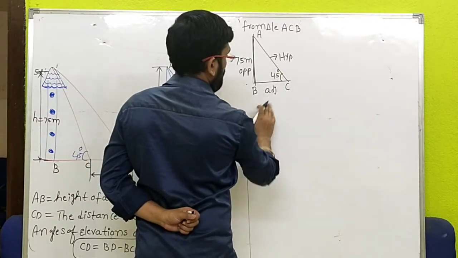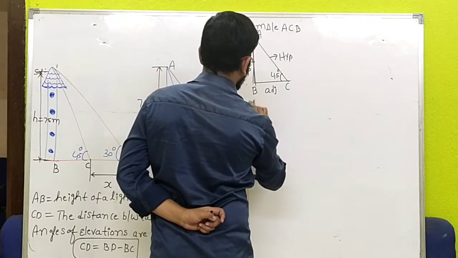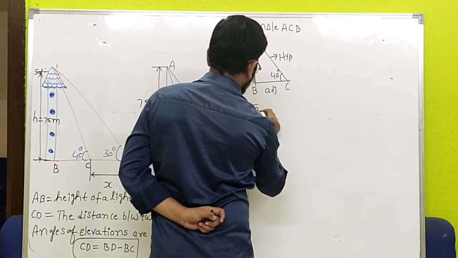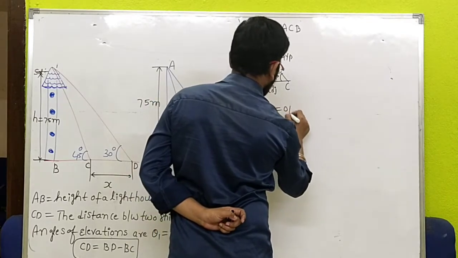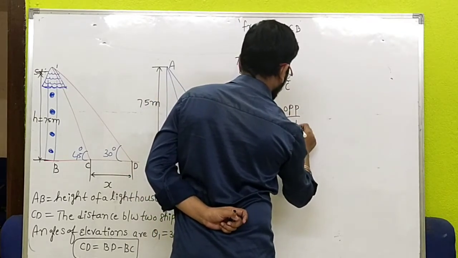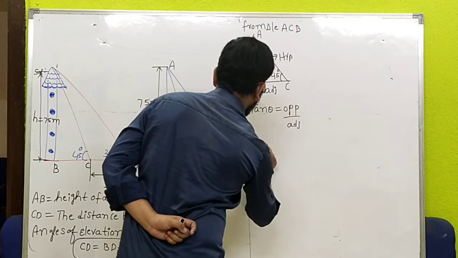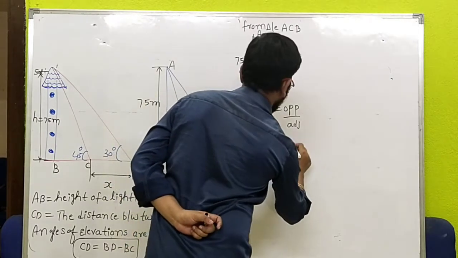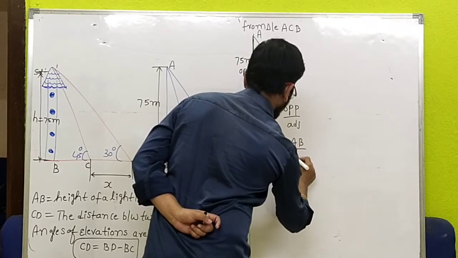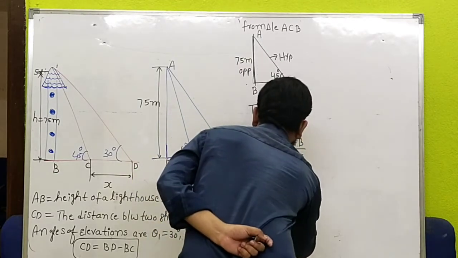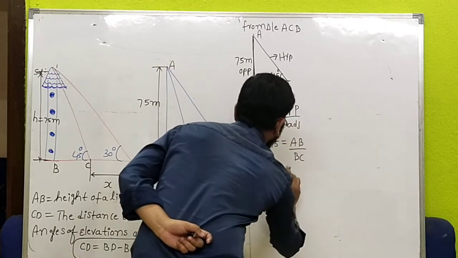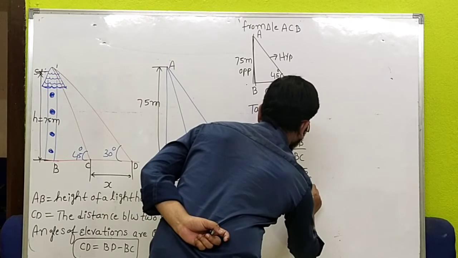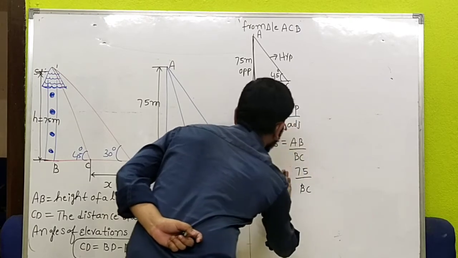We want the adjacent, so tan theta equals opposite by adjacent. Tan 45 equals opposite AB over adjacent BC. Tan 45 is 1, and AB is 75, by BC.